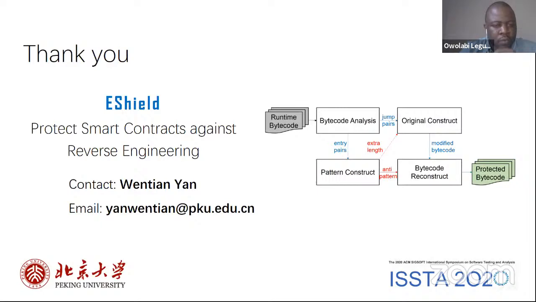So we cannot insert more instructions in the smart contract, and we want to find methods to insert as few as possible. The fewer instructions, the better the method works.